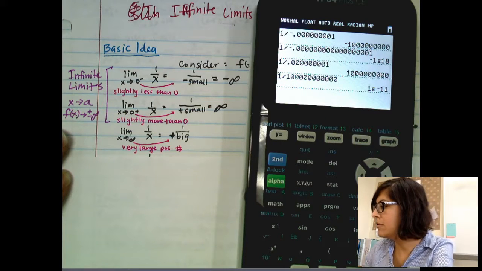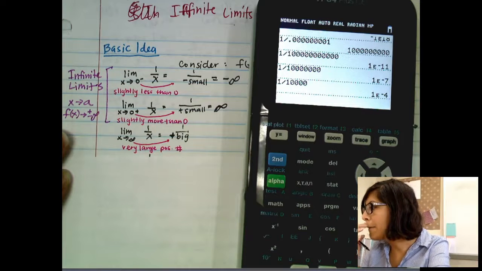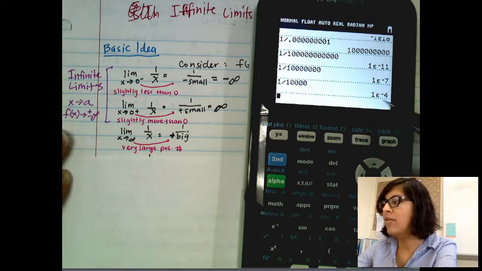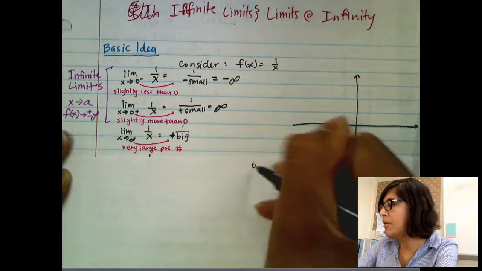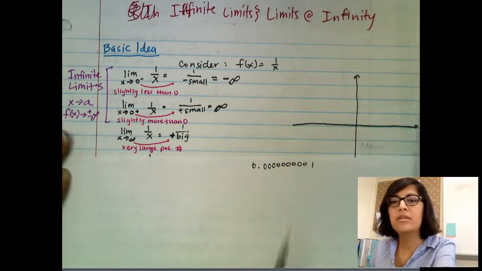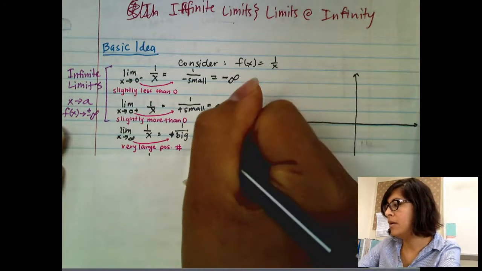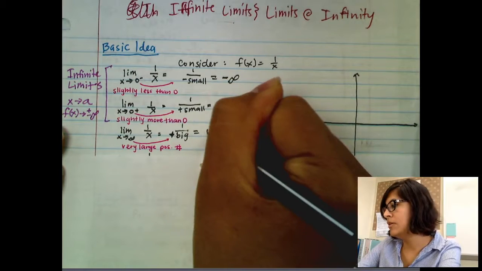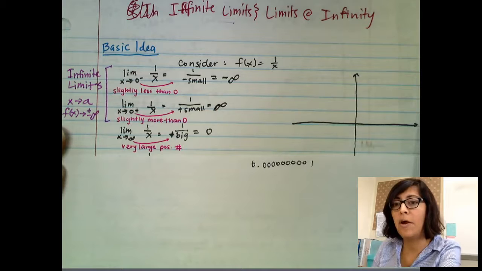Let me do 1 over a billion. If you recall scientific notation, this right here would be 0.000000001. So this is a very, very small number. This number actually goes to 0. It's a very, very small number that we get as a result. It goes towards 0.